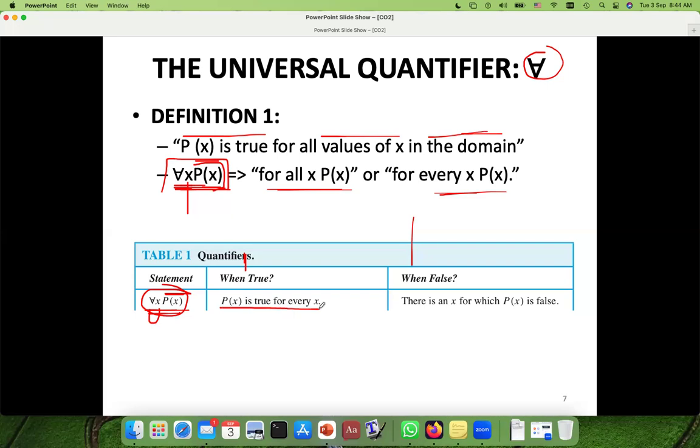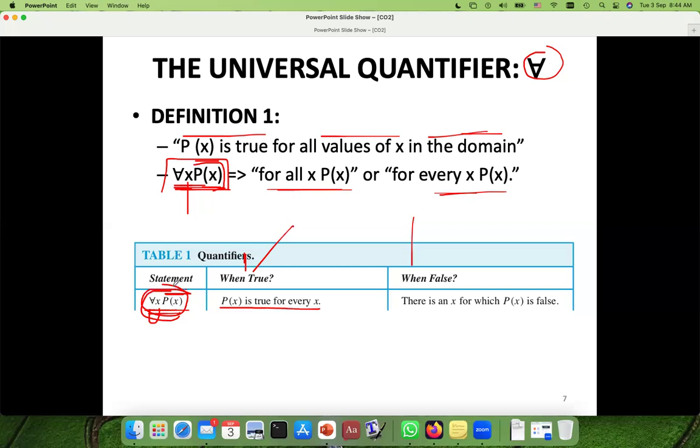For all X's, you can say, for all values of X. If this P of X is true, if the predicate is true for all values of X, then this statement will be true. And when will it be false? To make any theory false, you only need one evidence. From all those values, from that domain, you only need one evidence to make that theory false.